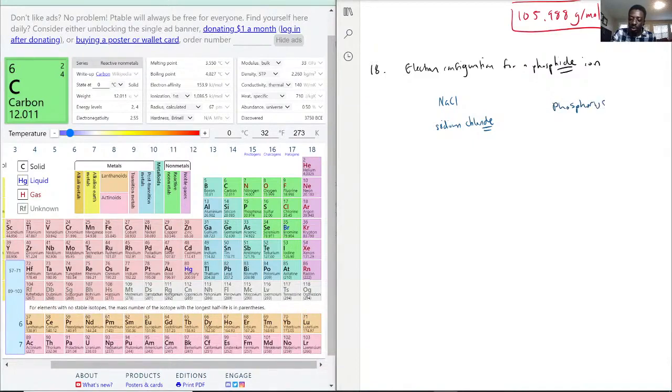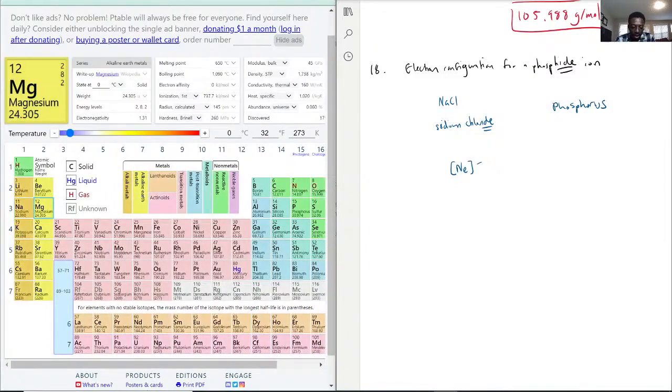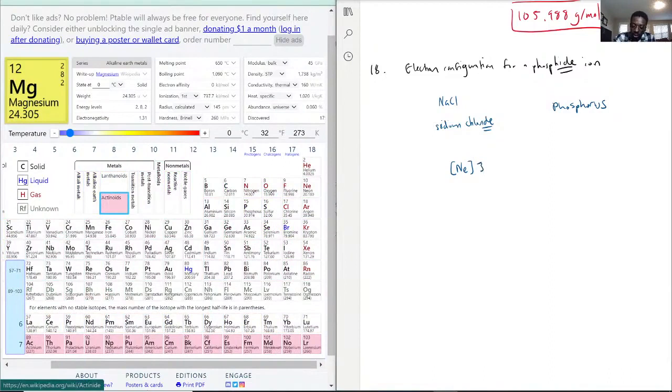So before we jump to solving for the ion, we first need to solve the electron configuration for phosphorus by itself. Okay, so that would actually be, if we start it from the neon, because I want to differentiate from the question itself, is going to be 3s2 3p3.